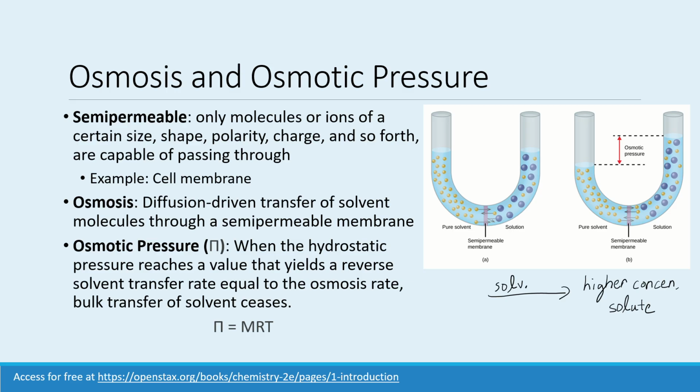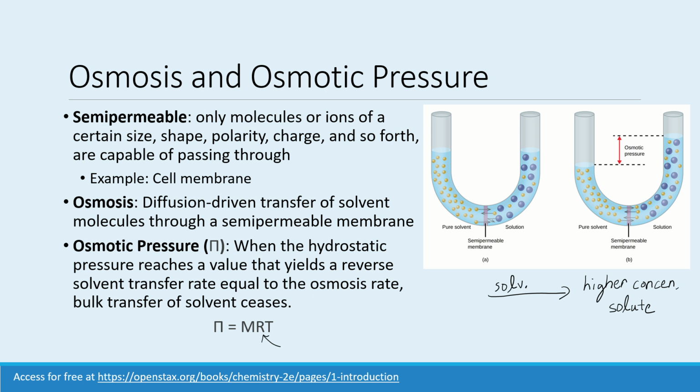Now, the osmotic pressure is going to be directly proportional, again, to the concentration. This time we're going to use molarity, as well as directly proportional to the temperature. And that R value is our universal gas constant.